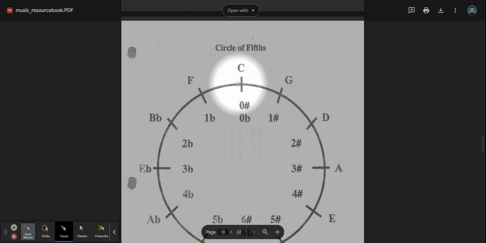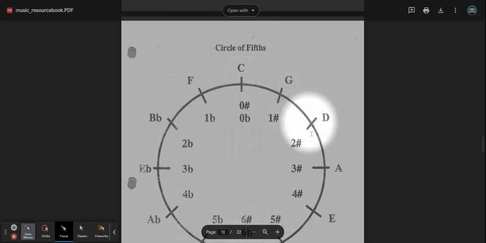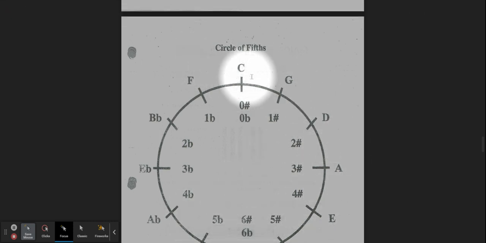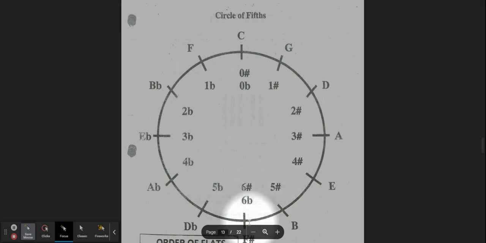Now, if you have piano lessons, most of the time when you get into learning all your scales, they're going to teach you the circle of fifths going this way because it just makes more sense for those types of instruments.